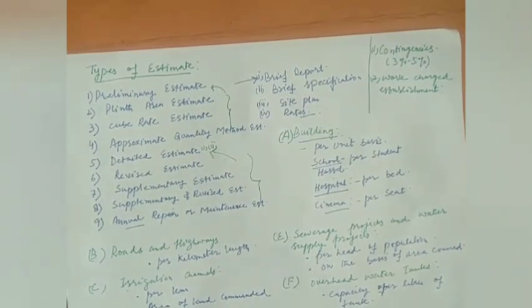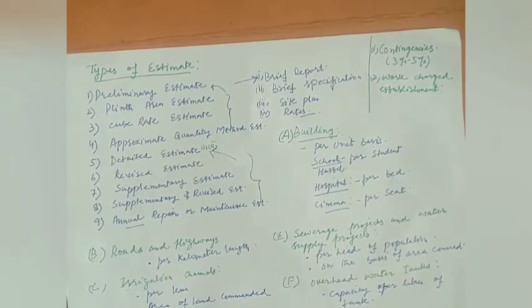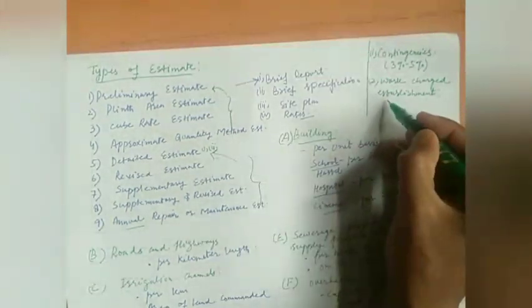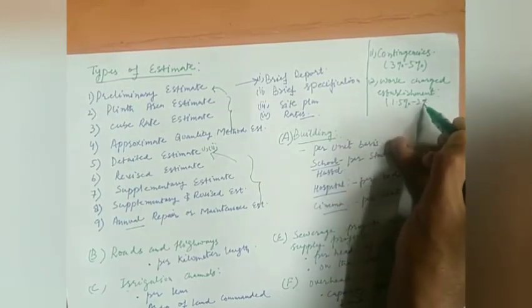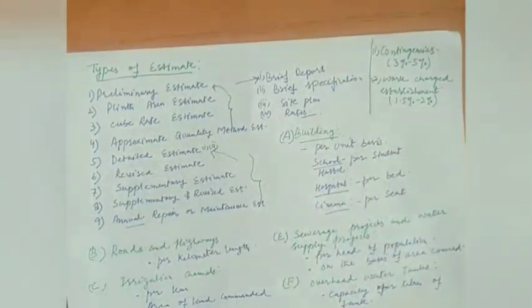During the construction of any work, a certain number of supervisors, chowkidars, mates, etc. are required to be employed, and their salaries are paid from this work charged establishment. So this is basically the contractual staff, or we can say that these are the temporary staff. For this expense, a provision of 1.5% to 2% of the total cost is made.